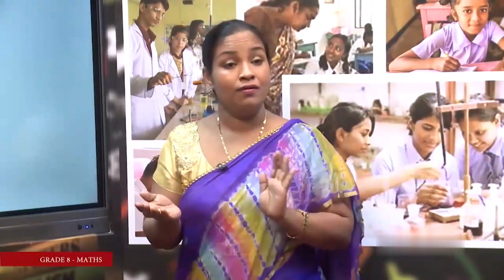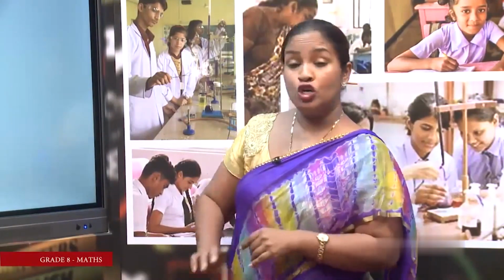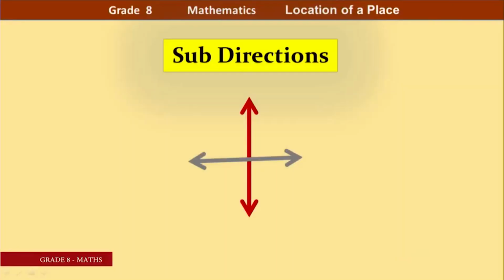Even though we have 4 main directions, among those 4 we have to give priority to north and south. That's why I indicate those 2 with red arrowheads. It's very important. Even though we have 4 main directions, we give priority to north and south.